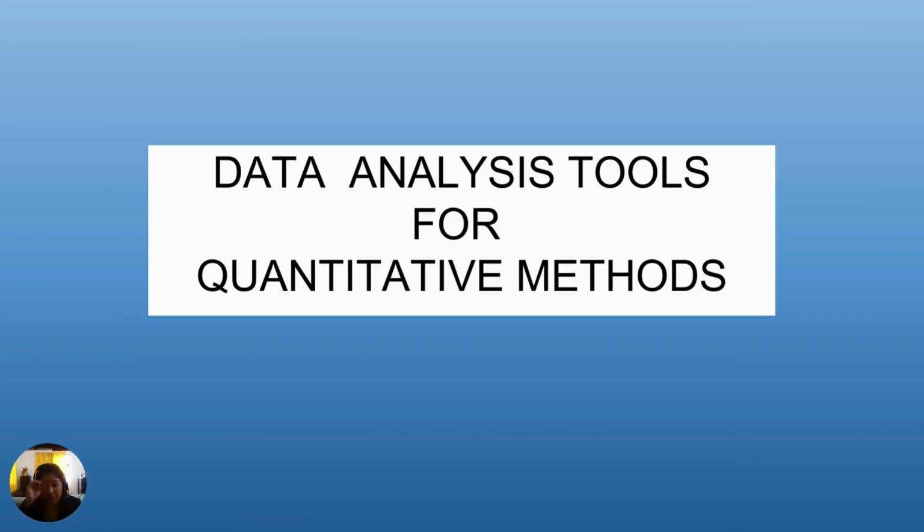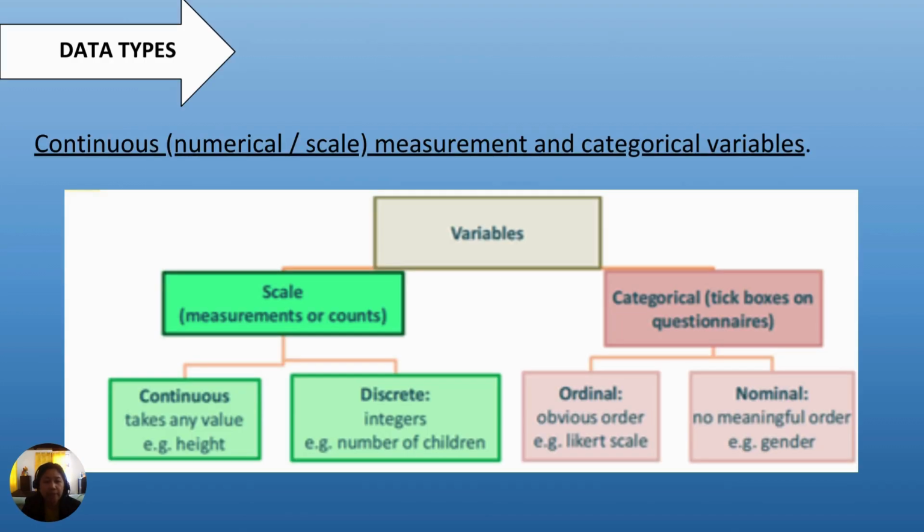So let's start with something basic but super important. Okay, the types of data. So, why is it important? Knowing what kind of data we are working with will help us choose the right tools and the right analysis later on, after we have gathered the data.